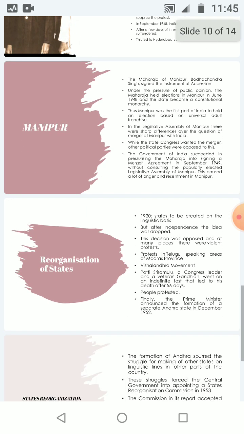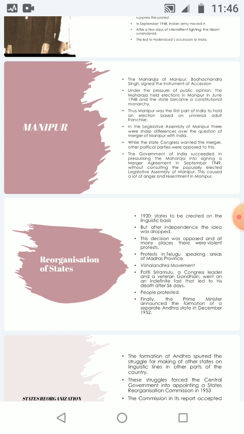The same thing happened in Manipur. The Maharaja of Manipur, Bodhi Chandra, signed the instrument of accession, but the public forced him to hold an election, as some opposition parties didn't want to join India.